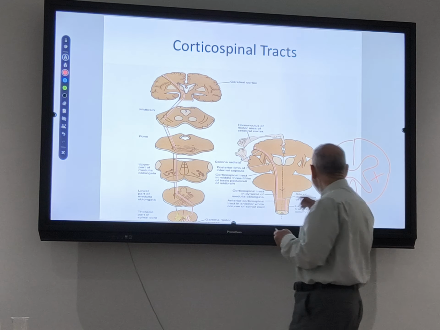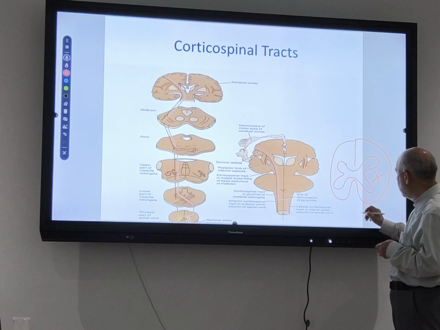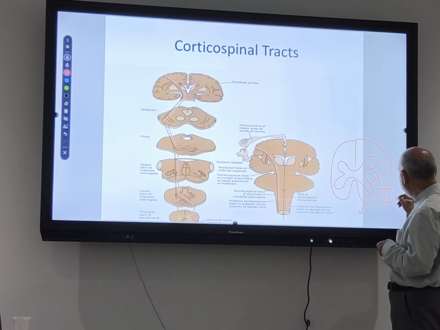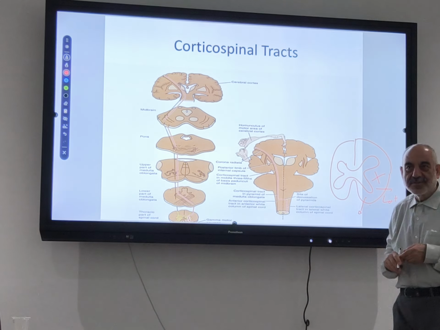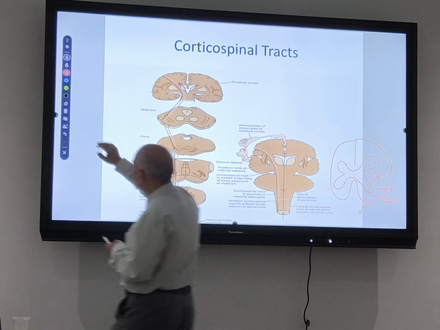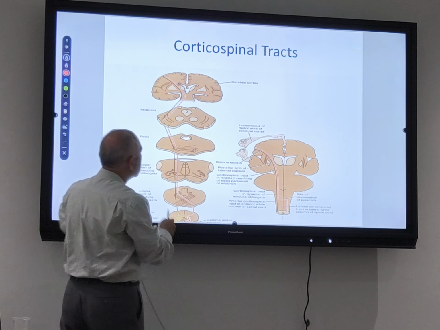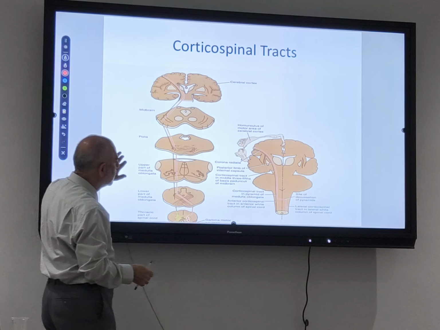Okay. So remember, this is the anterior cord, this is the lateral cord, and this is the posterior cord. Okay. So this is very important.